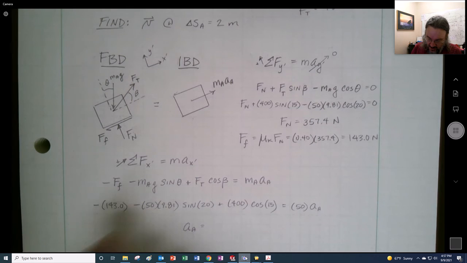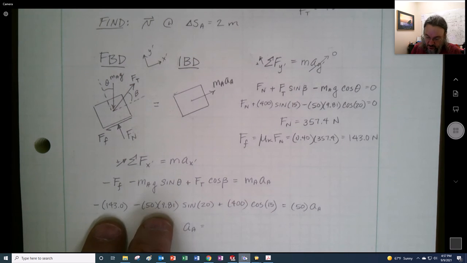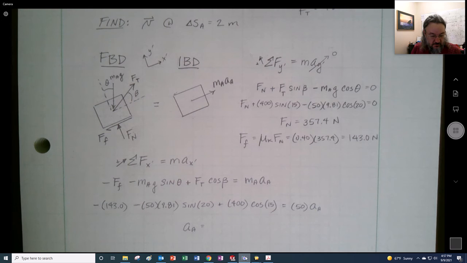So let's see, I'm going to add that 50 times 9.81 times 20 sine, so those two are combining. Okay, I think it would be okay. And we have our 400 times 15 cosine, just enough. It got close.